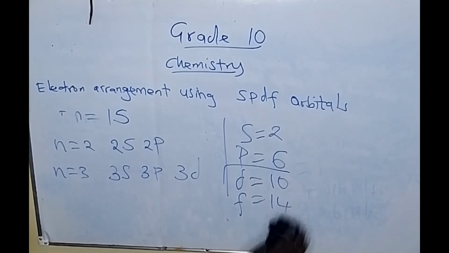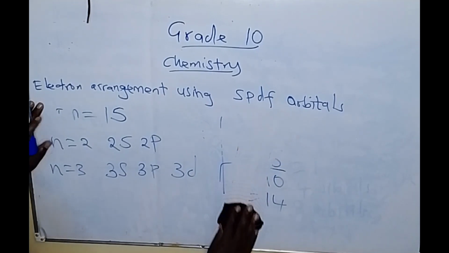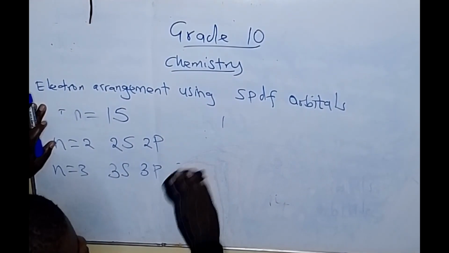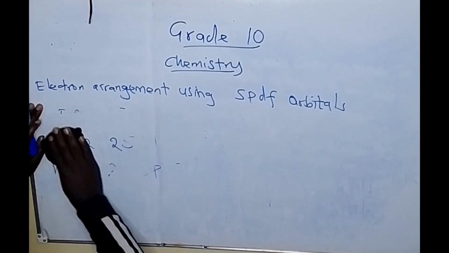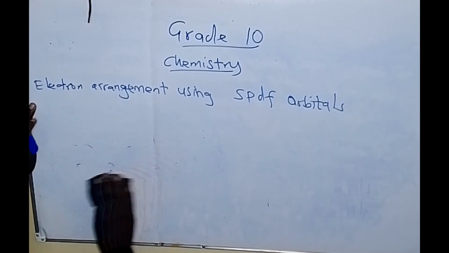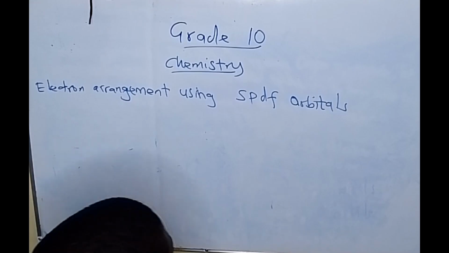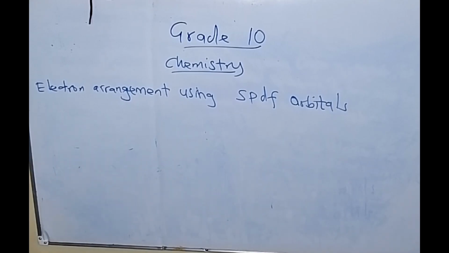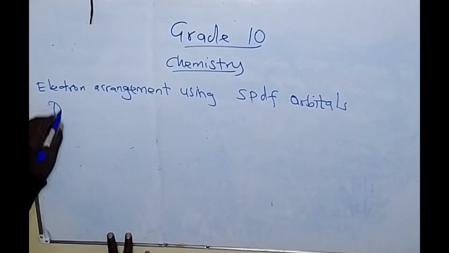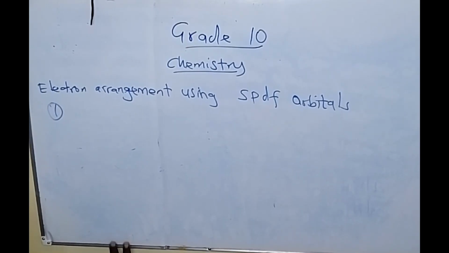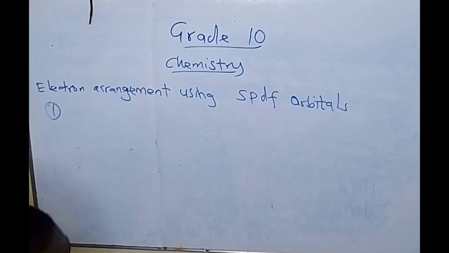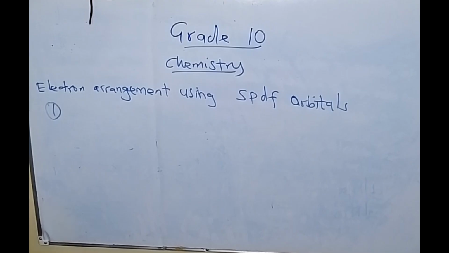So can we look at now the rules of writing the electronic configuration using the s, p, d, and f orbitals? Number one rule we are going to use is that the lowest energy levels are filled first.